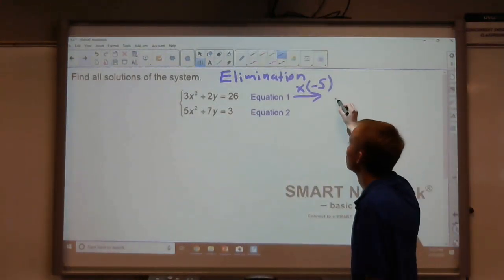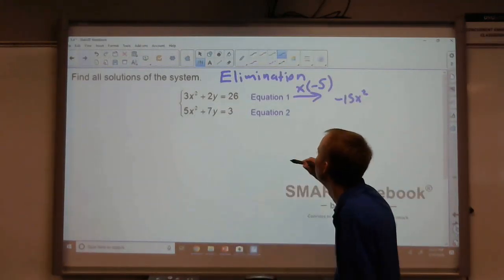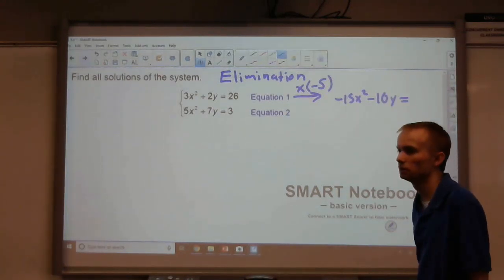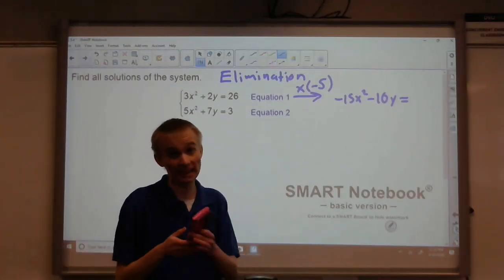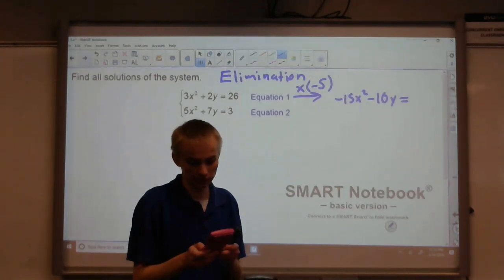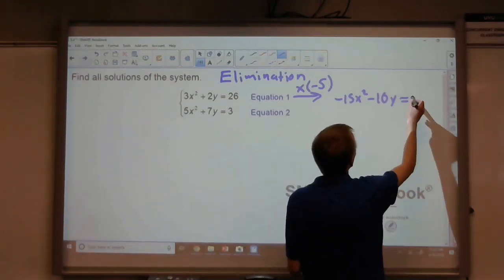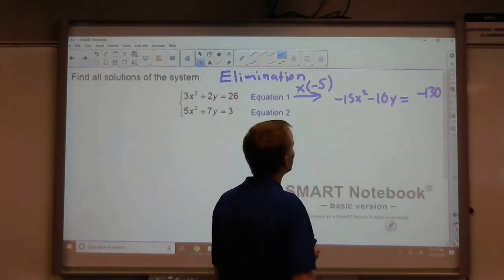So I get -15x squared, okay, minus 10y is equal to, and I need a handy dandy calculator, 5 times 26, got my pink calculator here, 130, so -130 here. Okay, there we go.